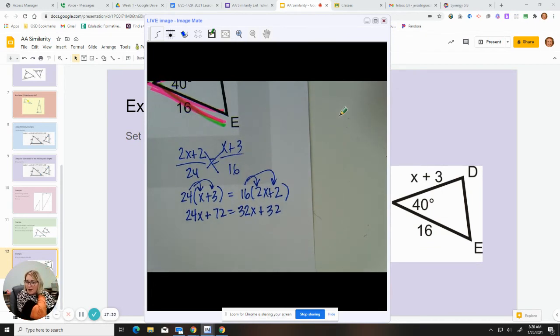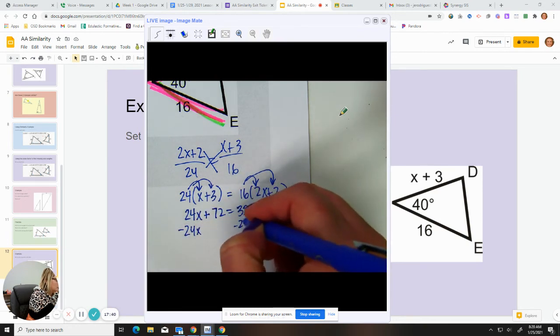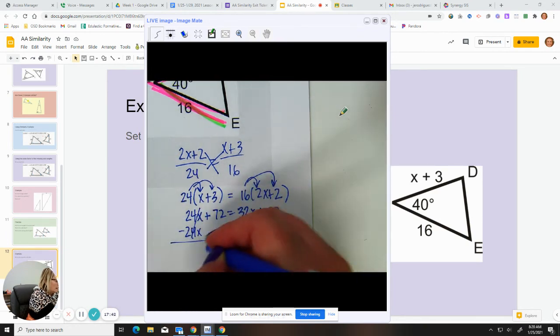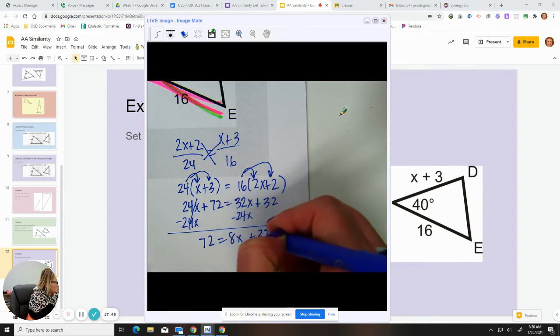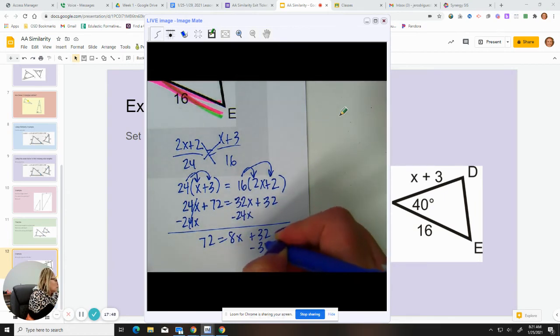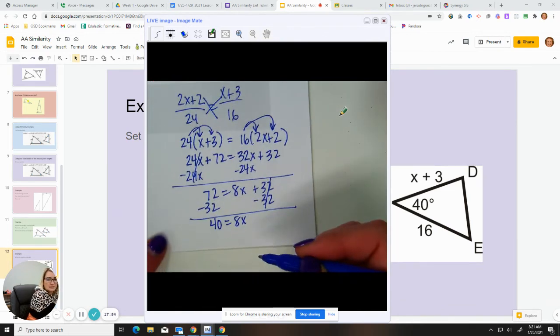And now I am going to go through and solve. I'm going to move my terms together and solve. So the first thing I'm going to do is subtract 24x. That gets me 72 is equal to 8x plus 32. I am going to subtract 32, and that gives me 40 equals 8x.